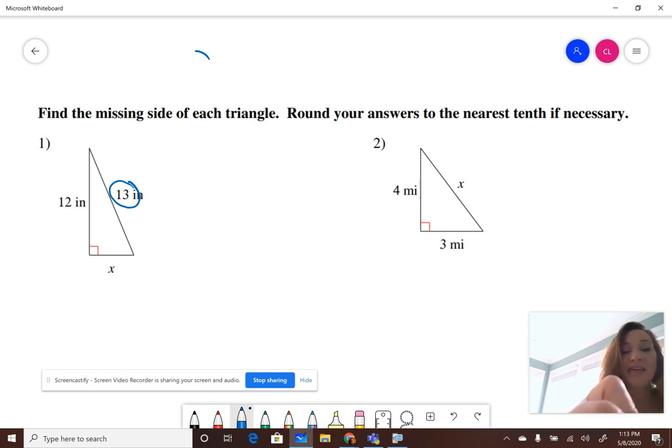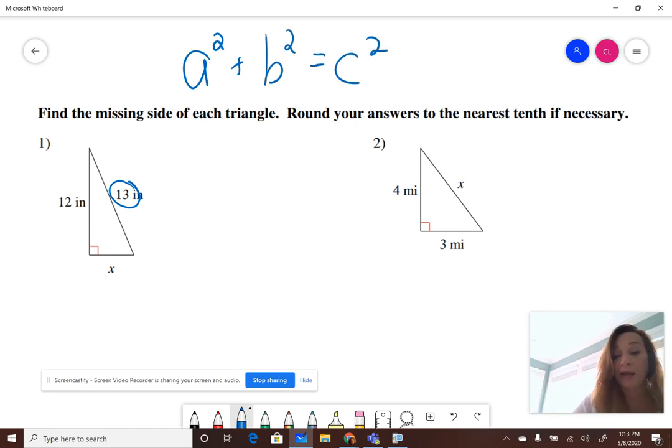So the Pythagorean theorem states leg squared plus leg squared equals hypotenuse squared. Now, they're telling me this is a right angle, so that's true. I'm looking for the missing piece.